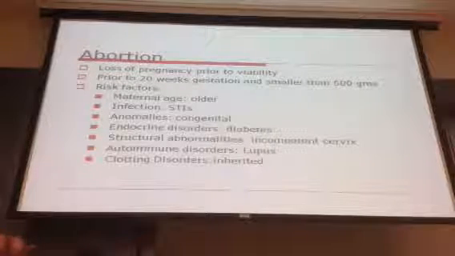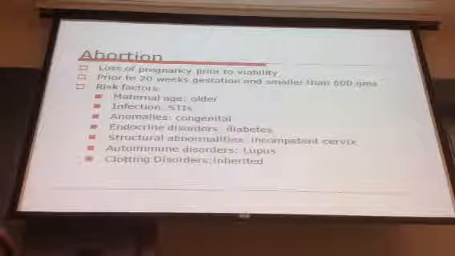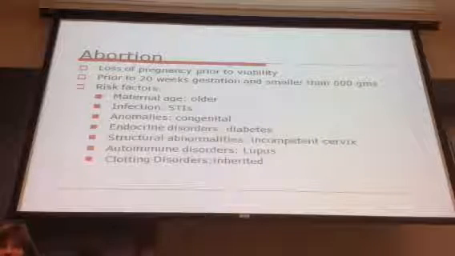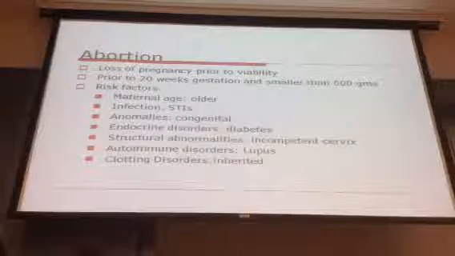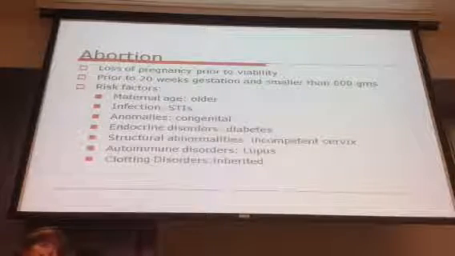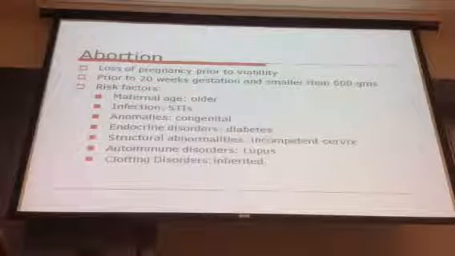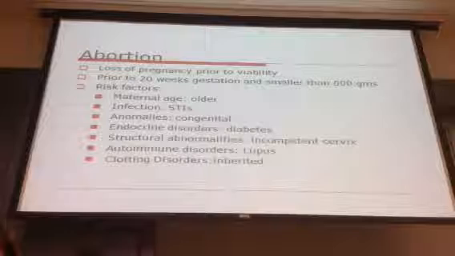Once the pregnancy gets to a certain weight, the cervix just goes whoop, like a trap door, and the pregnancy delivers. That can be managed with basically sewing the cervix closed until the patient is term. But sometimes it happens before you know that it's going to happen, and then the next pregnancy is when it's managed. So those kinds of structural problems can result in spontaneous abortion.